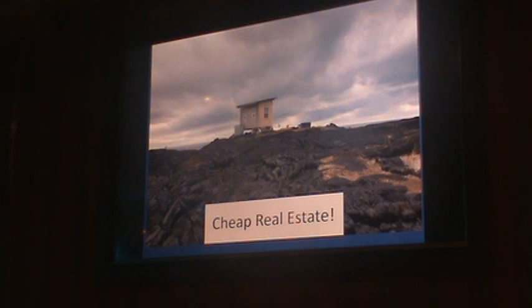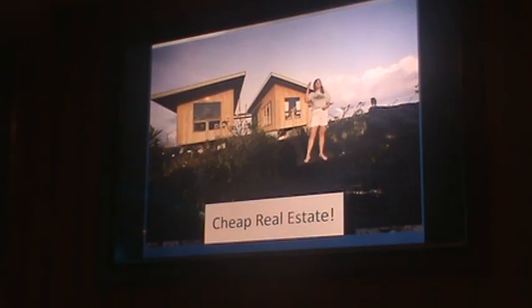But people do, and they buy this, and they will put a house on stilts right on the lava. All right. And there you go. There's no electricity. There is no water. There is no sewage. There is no city hookup. You are self-contained while you're out there. But there you go. Beautiful.